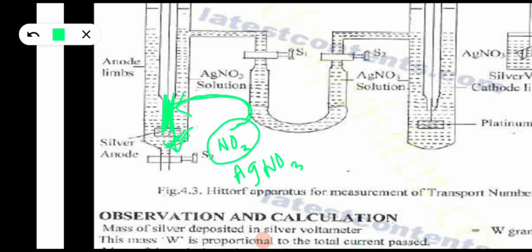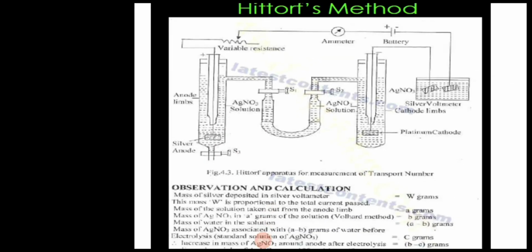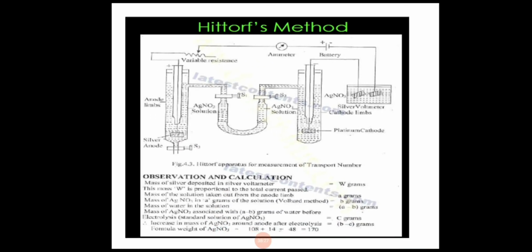Because of this, there will be an increase in the concentration of the anodic compartment, because NO3 minus anion is attacking the electrode and bringing silver ions into the solution. And this cell is connected in series to the voltmeter.